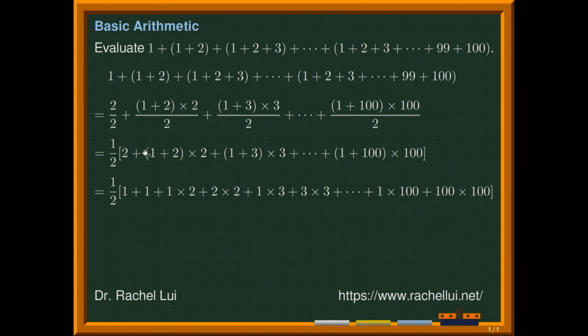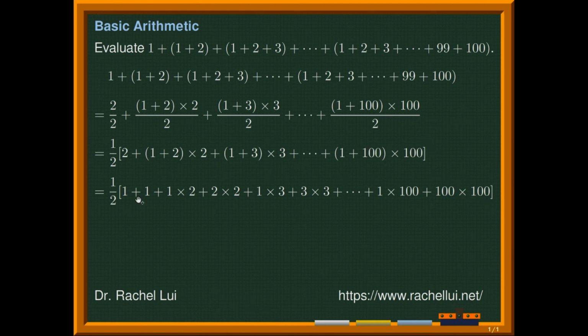And here I have 1 times 2 plus 2 times 2. And here for this term, I have 1 times 3 plus 3 times 3, and so on until the last term, 1 times 100 plus 100 times 100.